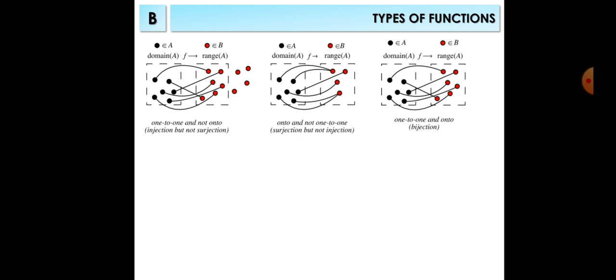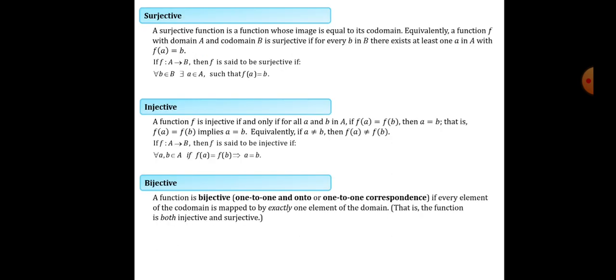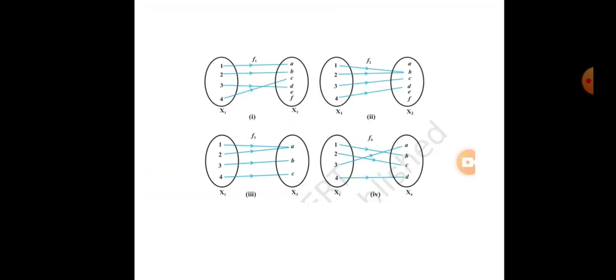And in the next one, it is both 1-1 and onto. Now in this diagram also, you can see that four functions are there: f1, f2, f3 and f4. In f1, we can see that every element of the domain is related to distinct elements of the codomain. So this function is 1-1.